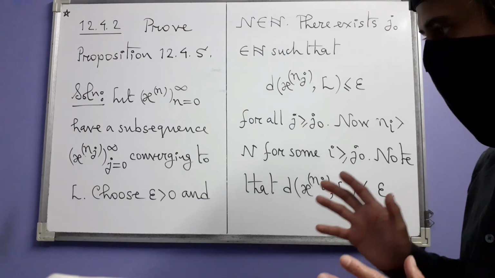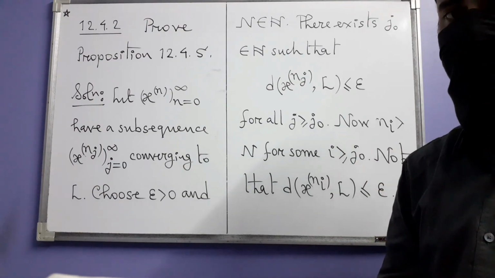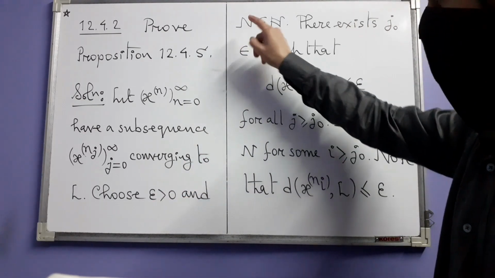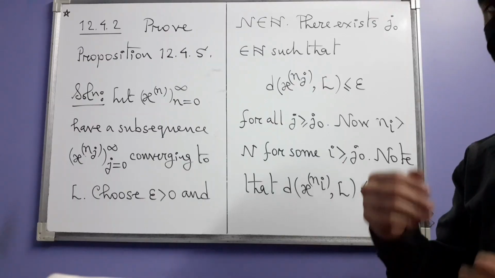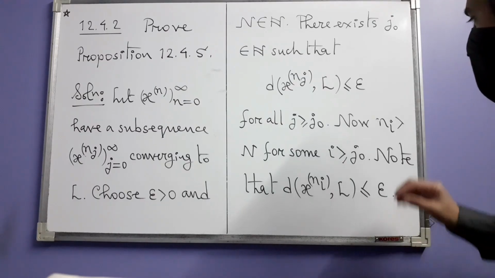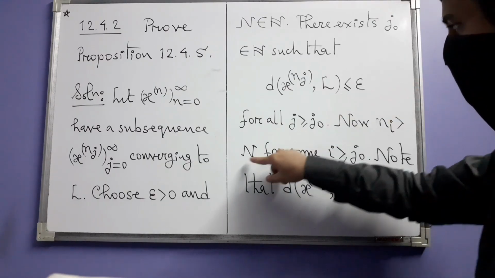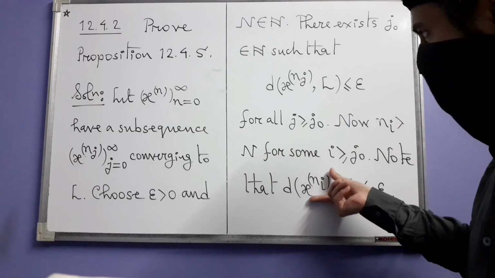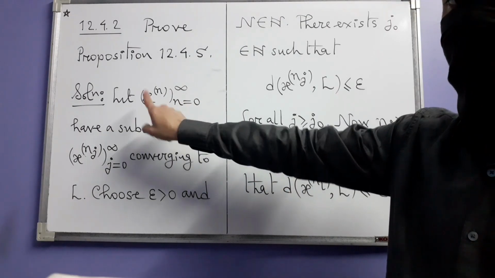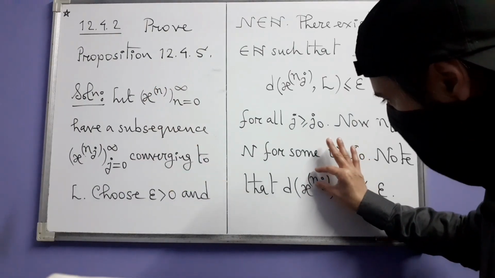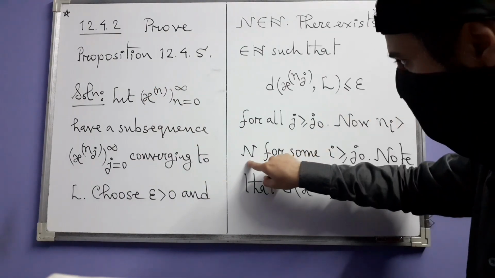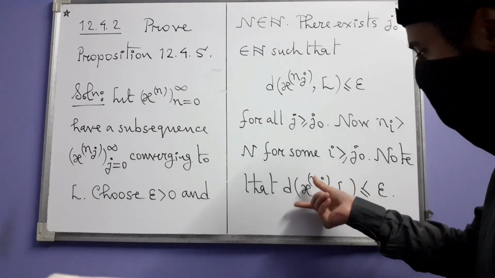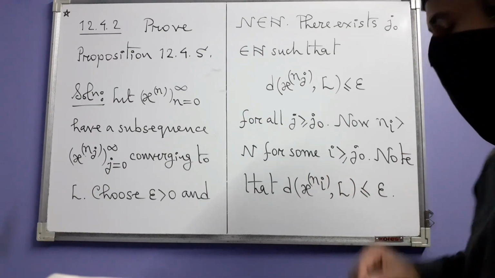So now what have you found actually? You have found that for this epsilon and for this N, there exists a stage ni which is greater than that N, and such that the corresponding term of the sequence, x_ni, corresponding to that ni which exceeds this N, is close to L in the sense that the distance between them is less than or equal to epsilon.